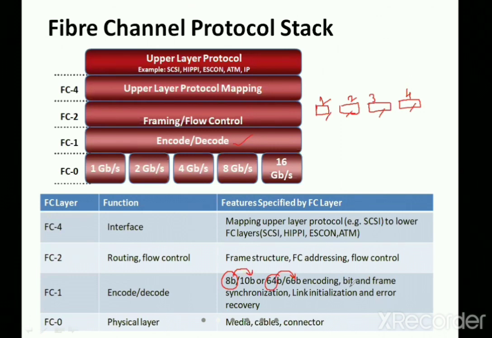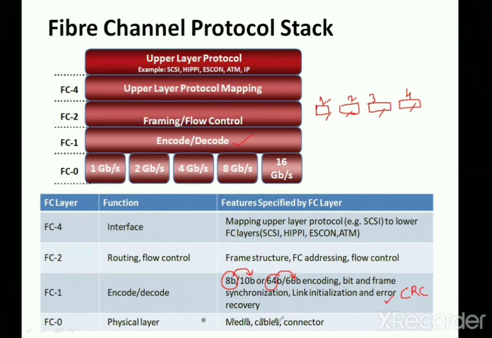If the bits are not received, we need to recover the data, so we use the cyclic redundancy check. If you remember, we use CRC to check whether all the bits and frames are recovered. So the encoding and decoding also provides error recovery.